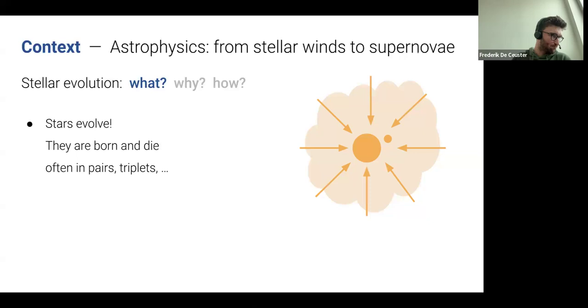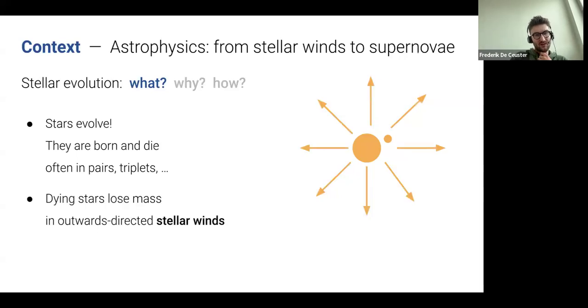A lot of the current research in stellar evolution is about trying to figure out how our evolution models, which usually just assume a single star, have to be adapted to this multiple star paradigm, so how this works with binary systems or triple systems. Some of the work I will present today is about exactly that, how to move to higher order systems. These clouds collapse into nuclei that we eventually call stars if they ignite.